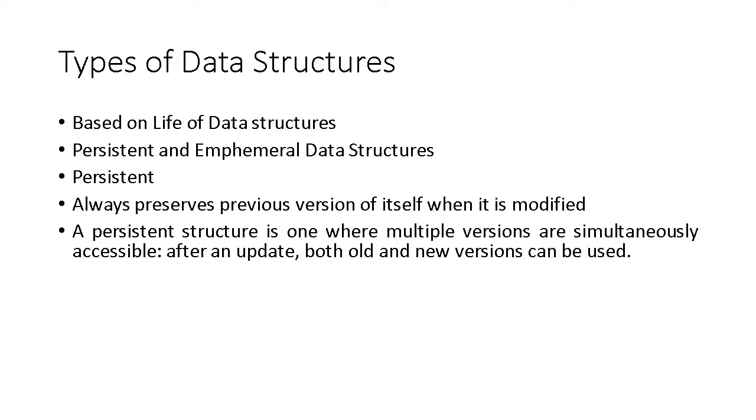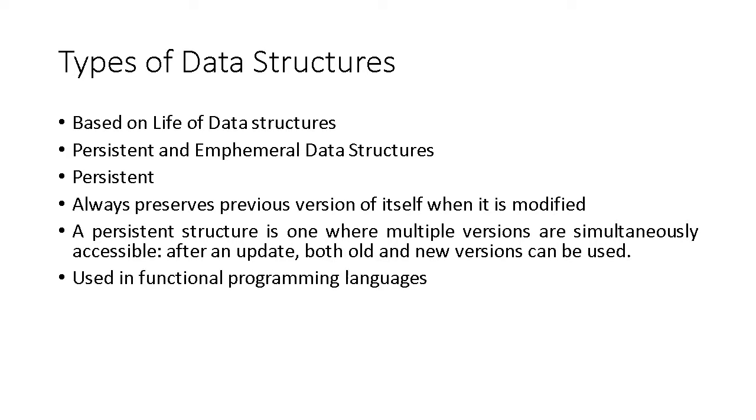So a persistent data structure is the one where multiple versions are simultaneously accessible. After an update also, we can get both the old value of that variable as well as the new value. Both we can access.